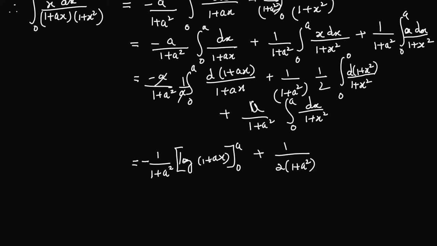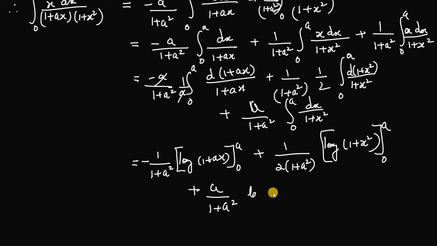Then what is the integral of this one? Again it is of the form du by u. This will be log of 1 plus x square from 0 to a, plus the last one, it is a by 1 plus a square. Now what is the integral of dx by 1 plus x square? It is tan inverse of x. So here you'll get tan inverse of x from 0 to a.